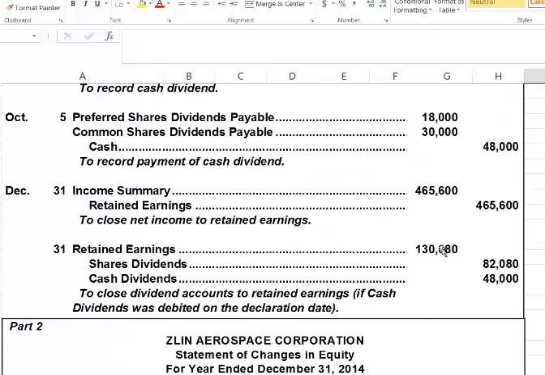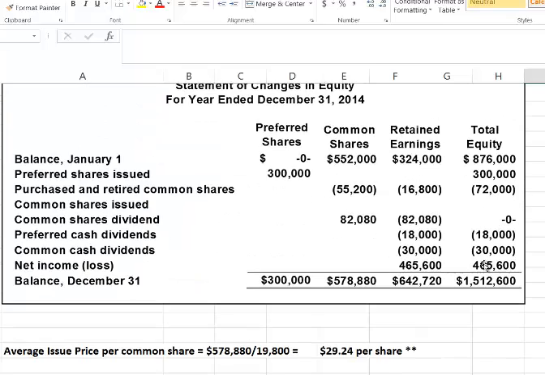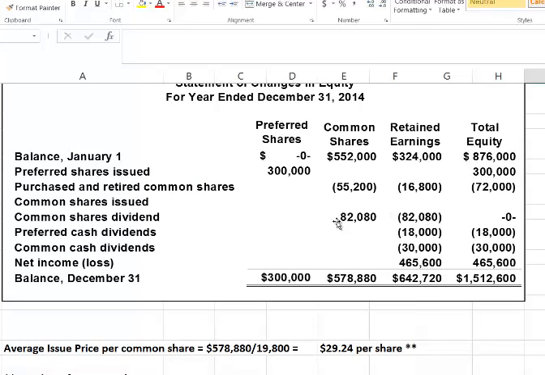So that $82,080 is part of this debit that goes here, because here is where you close the share dividend. So if you credit it to close it, you're reducing retained earnings. So in this $130,080 is that $82,080. So retained earnings went down by that much, and then later in the year we issued the shares.